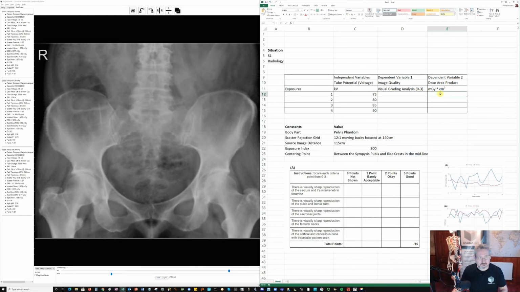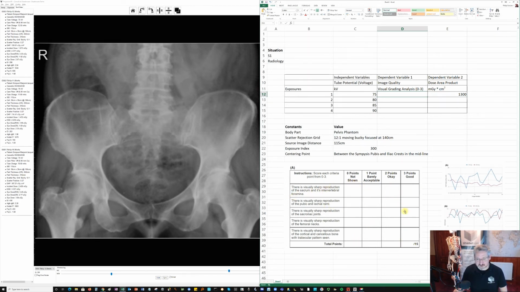Centigray to milligray conversion: centi is 100th, milli is 1,000th, so you times it by 10. If we want to make it comparable, that's 1,300 milligray centimeter squared.